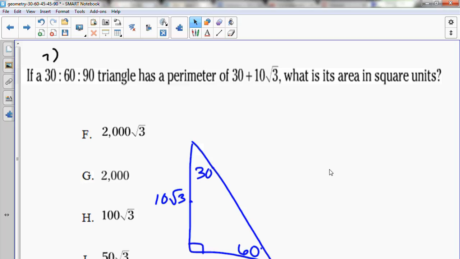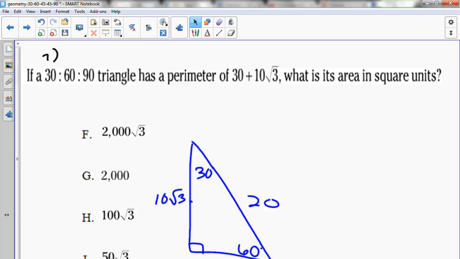So, if that one's 10 square root of 3, what's the short leg down here? 10. That's what it said. And then what's my hypotenuse? 20. Now, see if the perimeter would be what it says. 10 and 20 would be 30, and so you get 30 plus 10 square root of 3. See how I kind of figured that out? I had to use a little bit of guessing right there, but I got it.